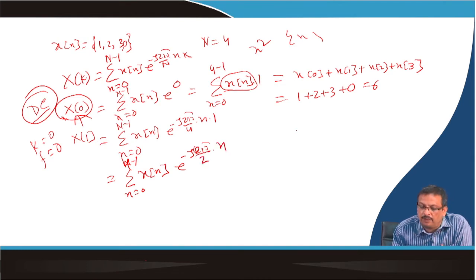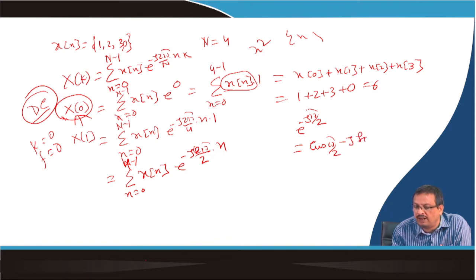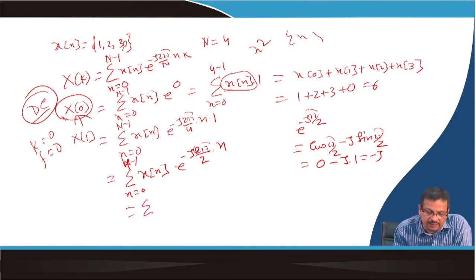So e to the power minus j pi by 2 is cos pi by 2 minus j sin pi by 2. Cos pi by 2 is 0 and sin pi by 2 is 1, so it equals minus j. So instead I can write the sum from n equal to 0 to 3 of x[n] multiplied by minus j to the power n.